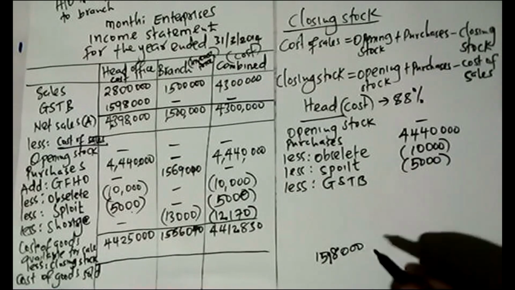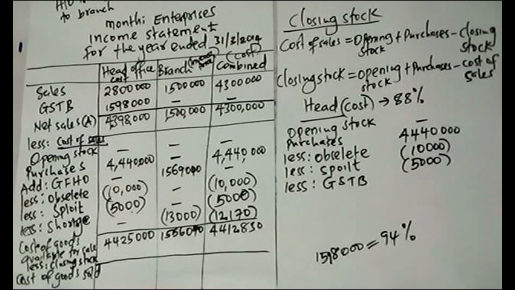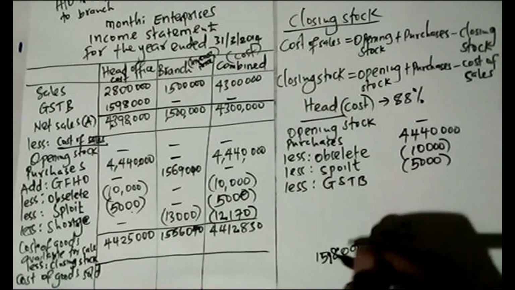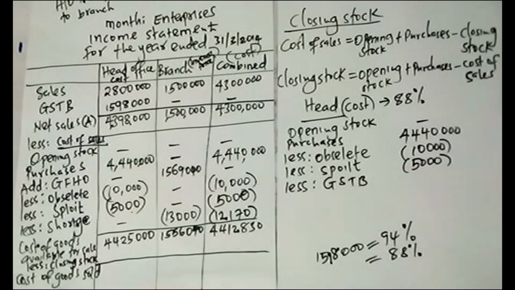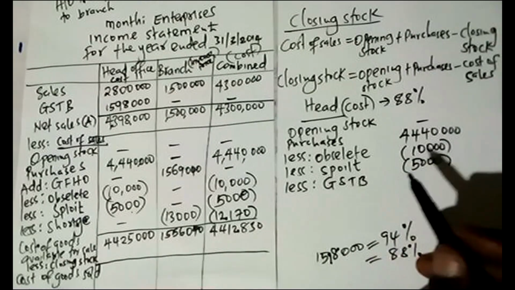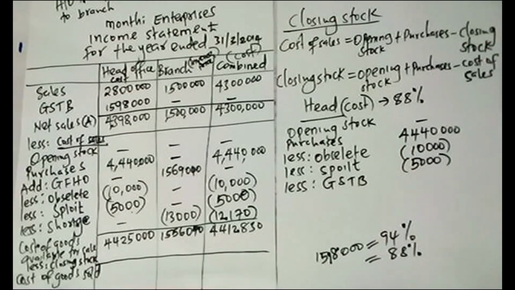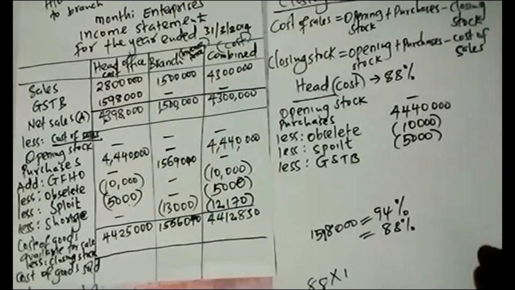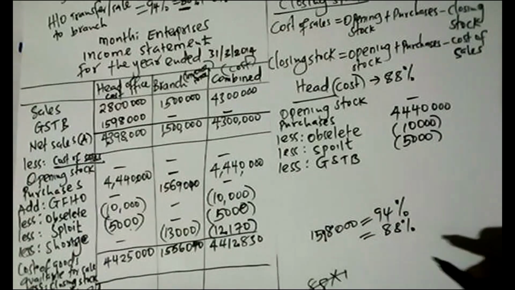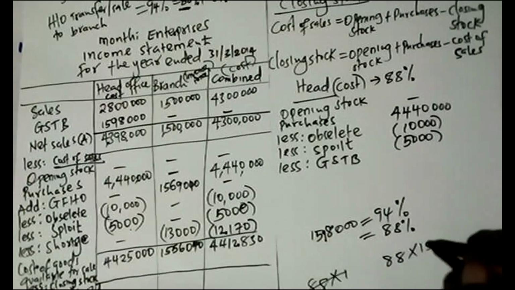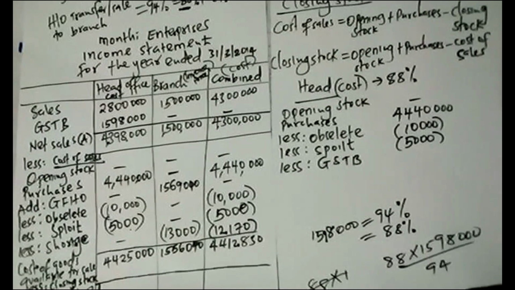You know that goods are sent to the branch at 94%. They were sent at 94, so we need 88%. So what I will do here, I have to take 88 times 1598, and divide by 94.